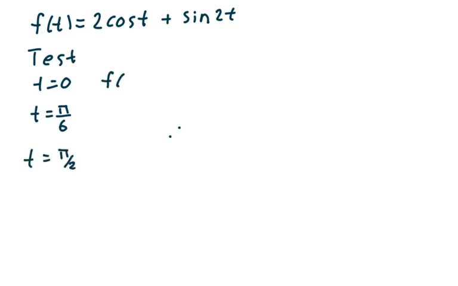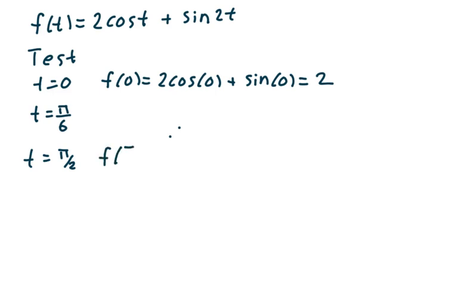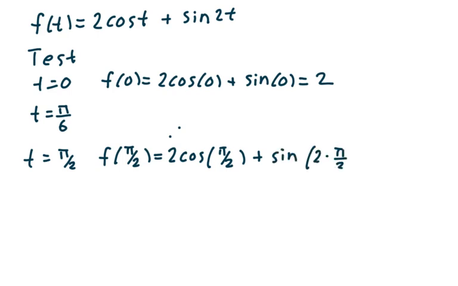If I plug in 0, I get 2 cosine of 0 plus sine of 0. But that's 2, right? Sine of 0 is 0. Cosine of 0 is 1. F of pi over 2 is 2 cosine of pi over 2 plus sine of 2 times pi over 2. And I claim that's 0.